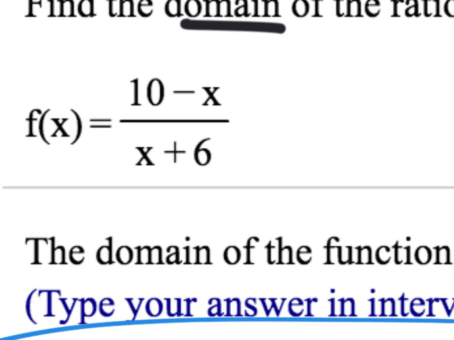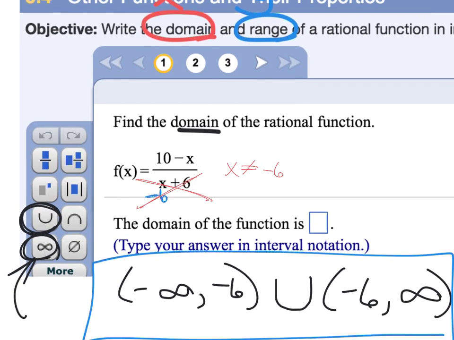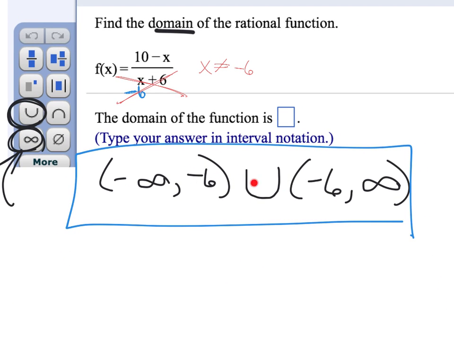Well, if x was equal to -6, that would make this denominator 0. And that's a big old huge no-no. The denominator is never allowed to be 0. So that means x can never equal -6. And that's why our domain looks like this.